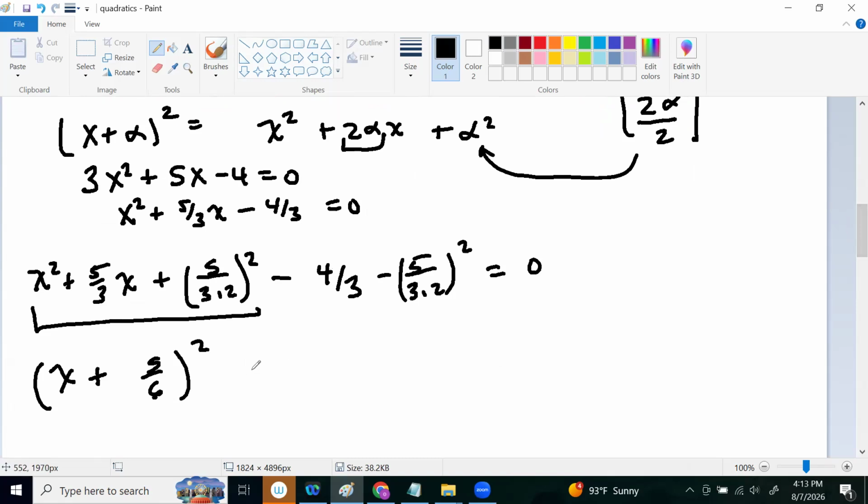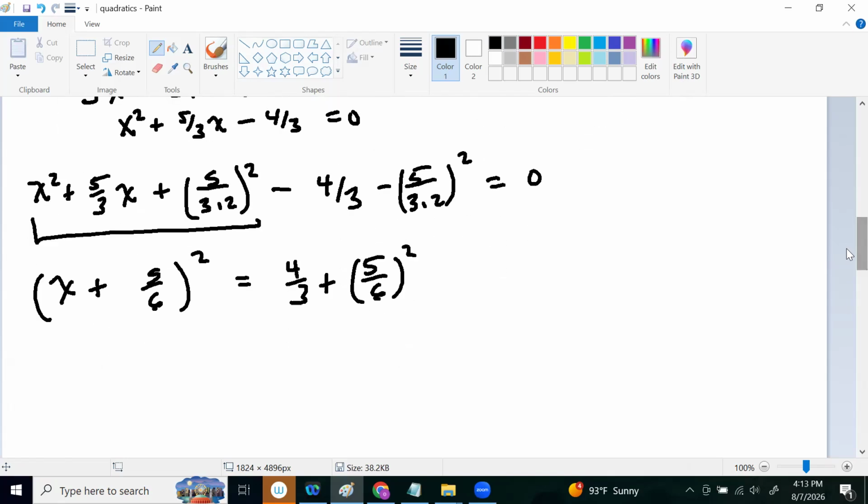Now notice I can move this to the other side. This is 4/3 plus 5/6 squared. All right? Now, what's very interesting here is that on this side, I'm going to get a common denominator. So this is 4/3 plus 25/36.